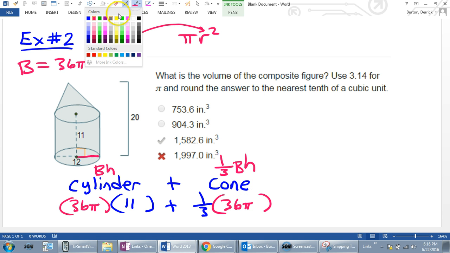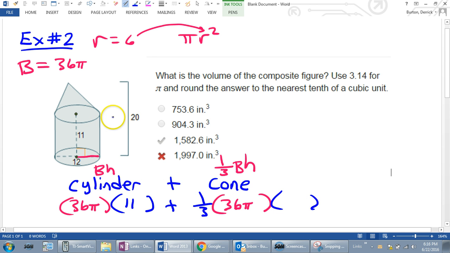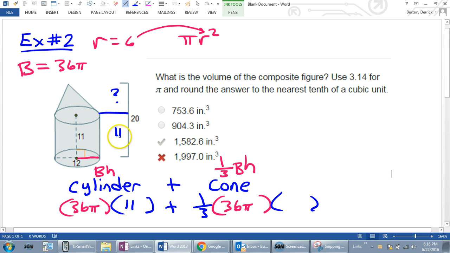Alright, now it's time for the height. So the height, well, notice that the total distance is 20. But the cylinder was 11. So if the cylinder is 11 and the total height is 20, how tall is the cone? How tall is the cone?